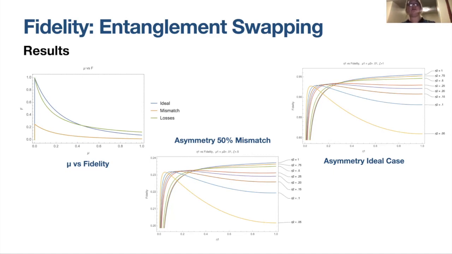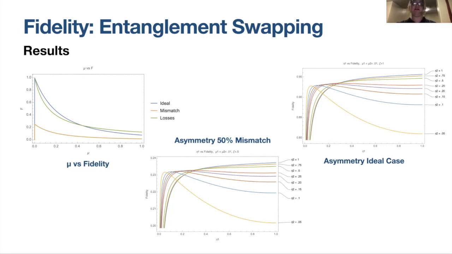And then on the two plots on the right, what we see is that asymmetry also affects things quite drastically. For a while, decreasing losses does not necessarily mean your fidelity goes up. It kind of peaks at two symmetric losses and then starts to dip.